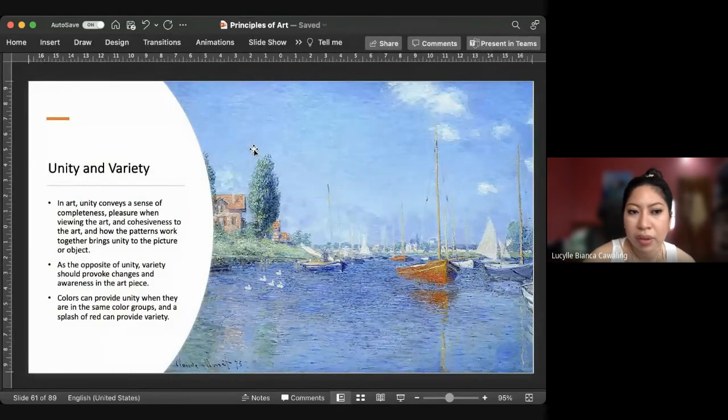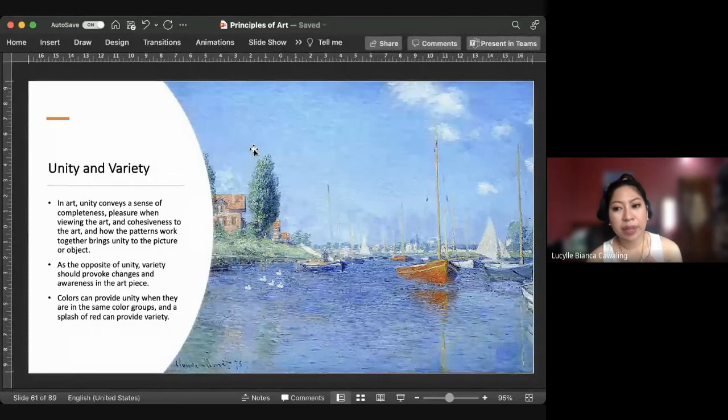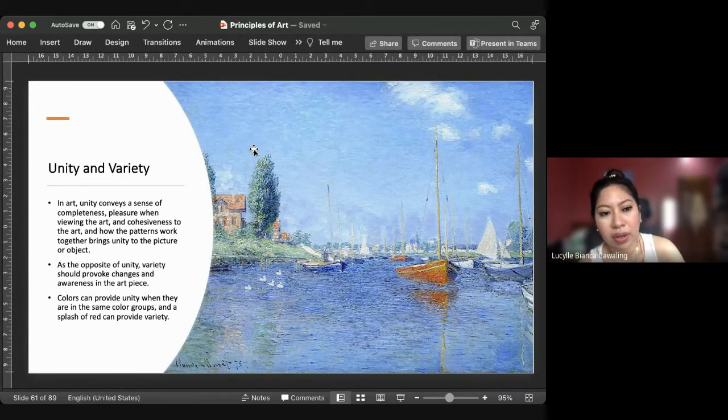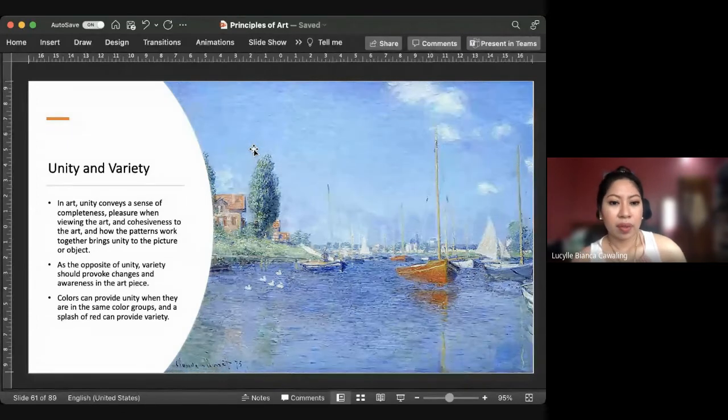And then you also have unity and variety as a principle of art. So in art, unity conveys a sense of completeness, pleasure when viewing the art. There is also cohesiveness to the art and how the patterns work together to bring unity to the picture or the object.